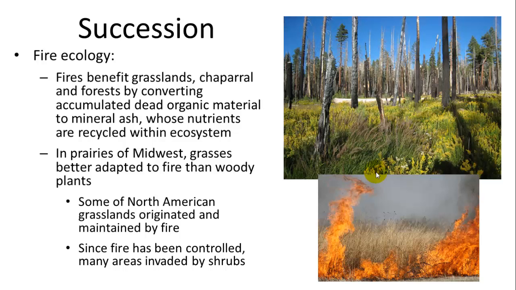But since we've suppressed fire in the grasslands in North America, you're getting a lot more of these shrubby species. So one of the things people have done is to go in and do prescribed fires or prescribed burns. Well, they'll go in and they'll burn an area and make sure that it doesn't get out of control. And that helps to restore the ecosystem back to how it originally was before humans got there.